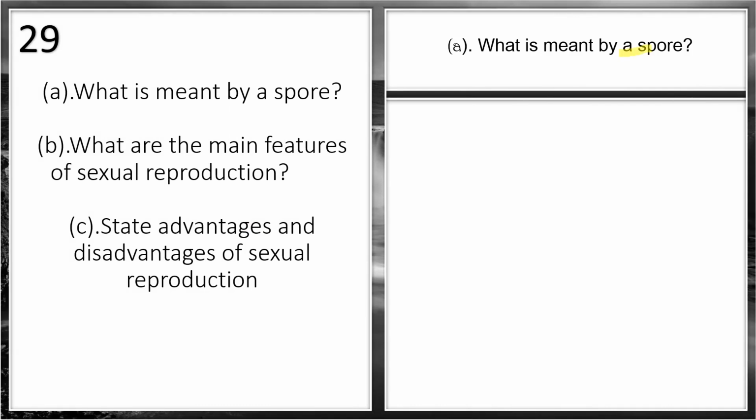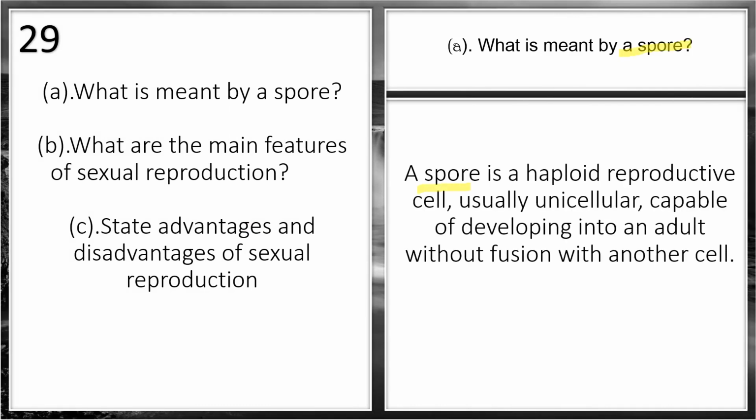What is meant by a spore? A spore is a haploid reproductive cell, usually unicellular, capable of developing into an adult without fusion with another cell.